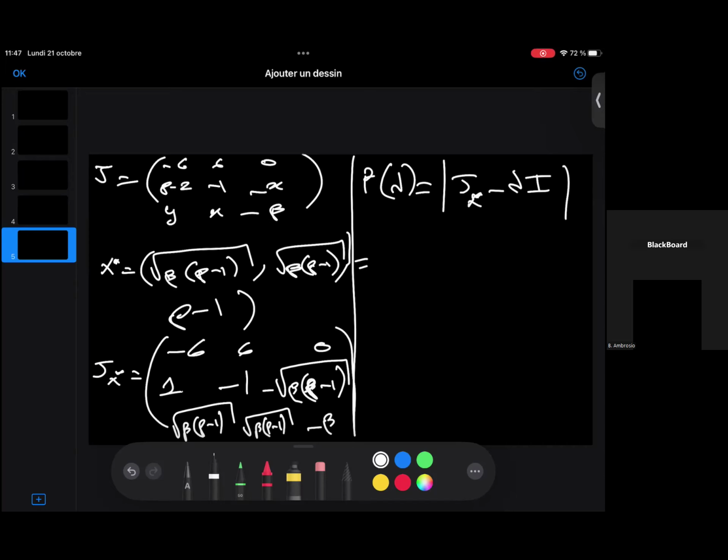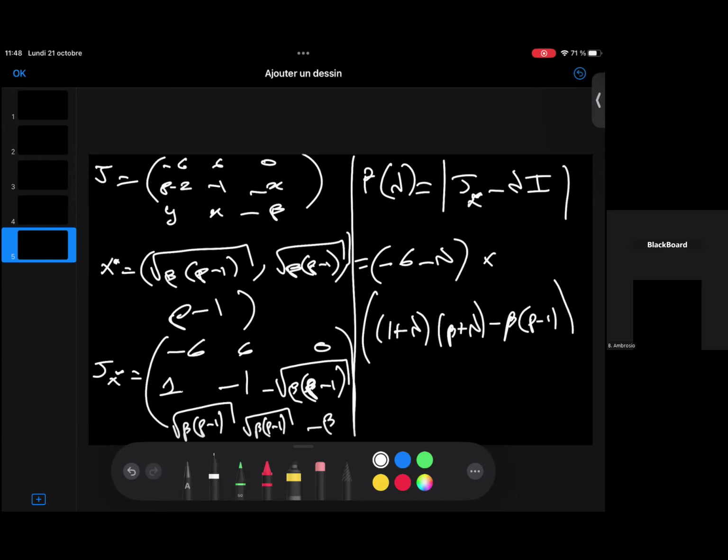And so we get that it is (minus sigma minus lambda) times, and a big parenthesis here: (1 plus lambda) times (beta plus lambda) minus beta (rho minus 1).